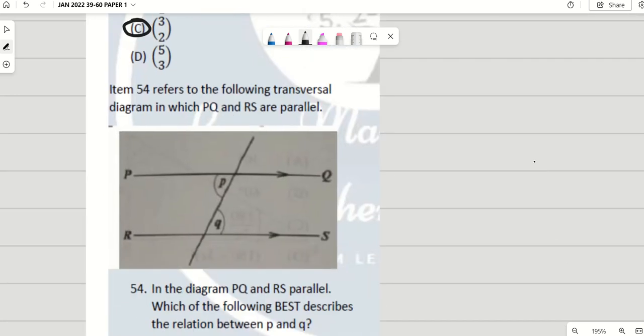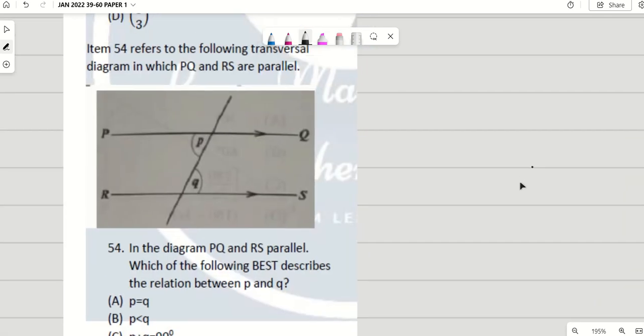54. Item 54 refers to the following transversal diagrams of which PQ and RS are parallel. So these two lines are parallel. Which of the following best describes the relationship between P and Q? Now, if we remember this, I did this a little bit.